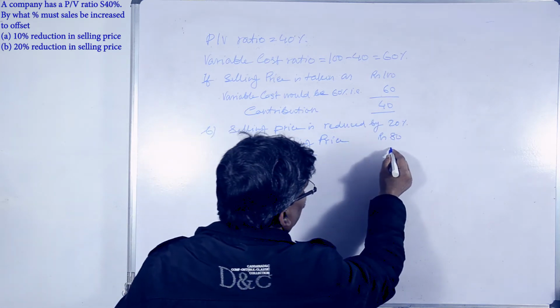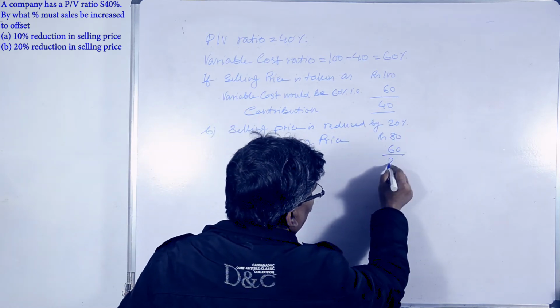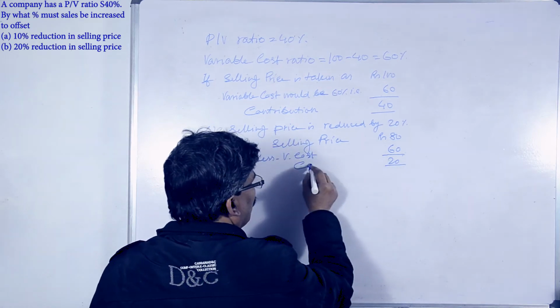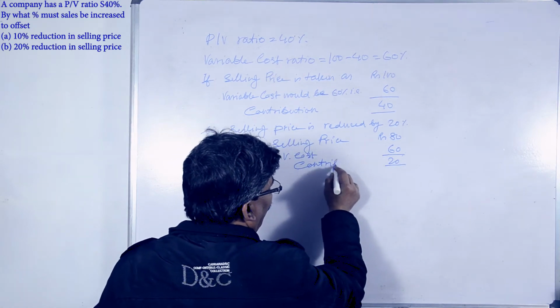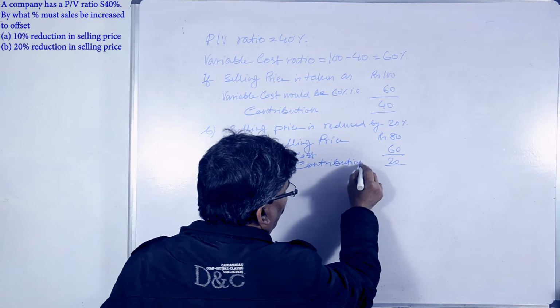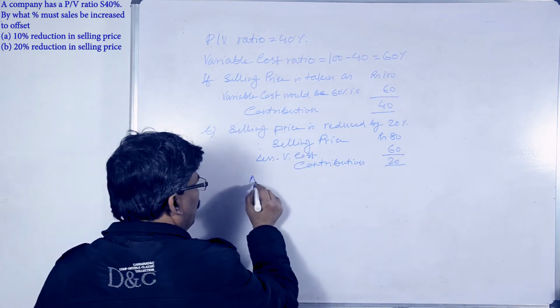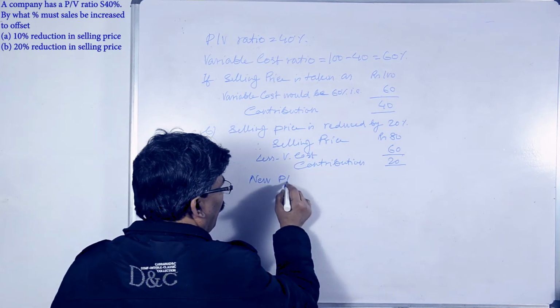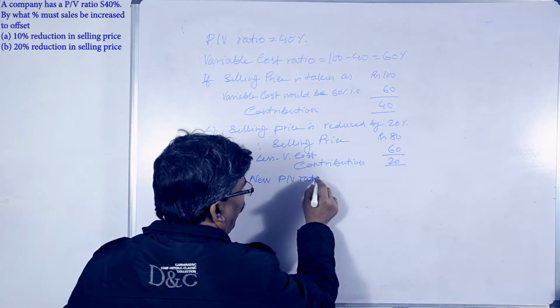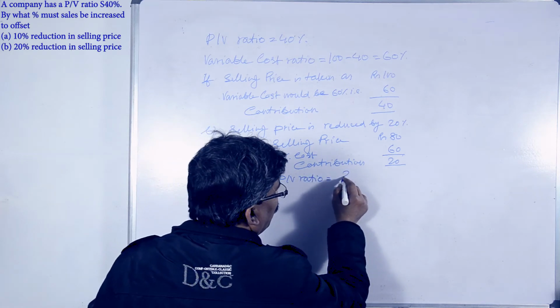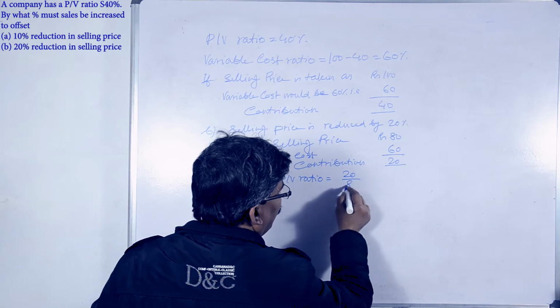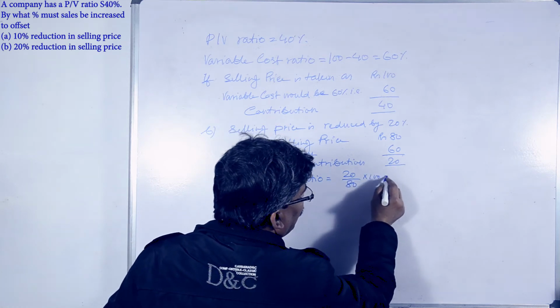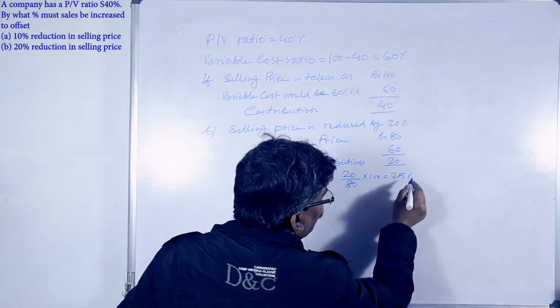Variable cost is not changed, it's 60. Then 20 is contribution. And the new PV ratio will be contribution by sales into 100. Contribution is 20, sales is 80, into 100 means 25%.